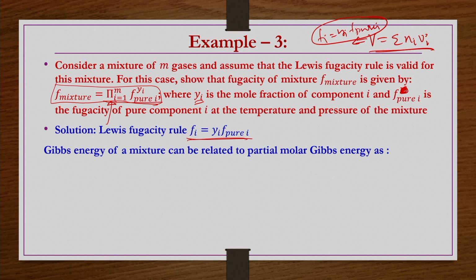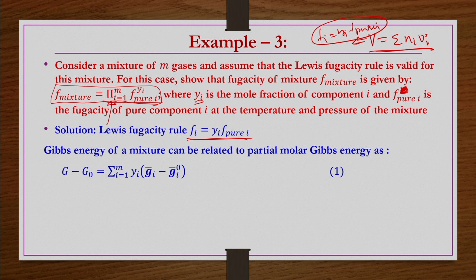Gibbs energy of a mixture can be related to partial molar Gibbs energy as G minus G naught, or capital G minus capital G naught, equals sigma y_i times (g_i bar minus g_i bar naught). So small letters we are using for the molar properties, and bar is for the partial molar properties. Capital letters we are using for the total properties.